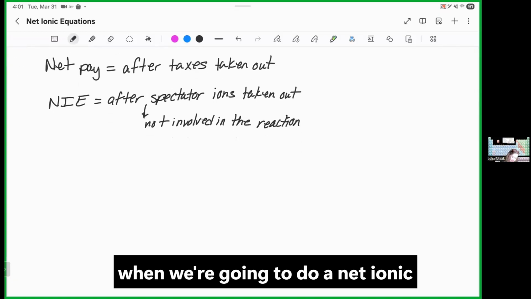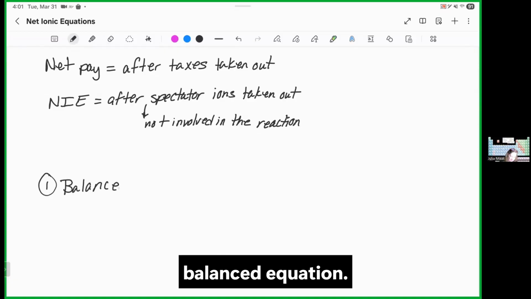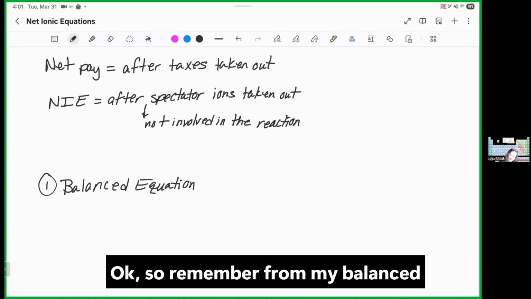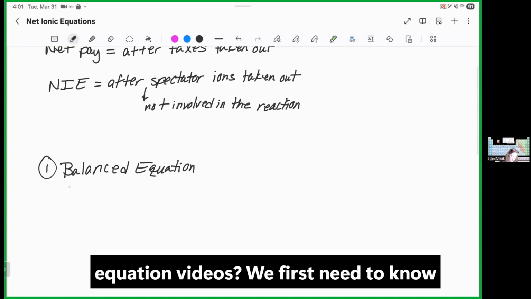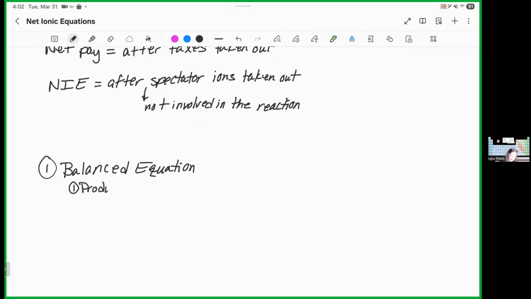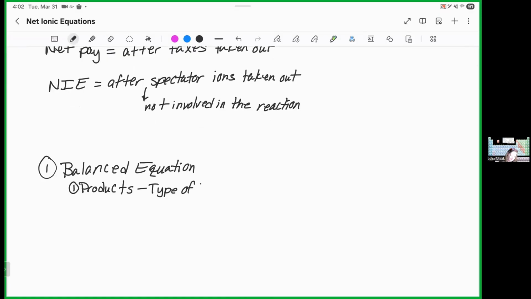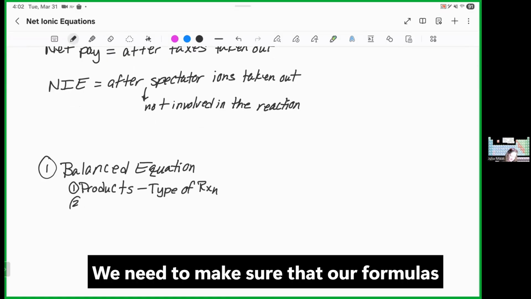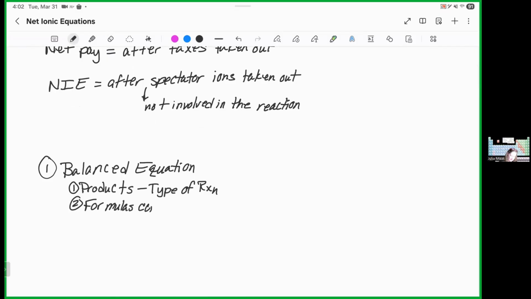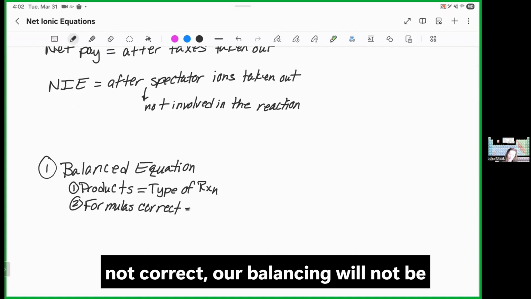Okay, so when we're going to do a net ionic equation, our first step is to do a balanced equation. Remember from my balanced equation videos, we first need to know what our products are, and that is based on our type of reaction. We need to make sure that our formulas are correct, because remember, if our formulas are not correct, our balancing will not be correct.